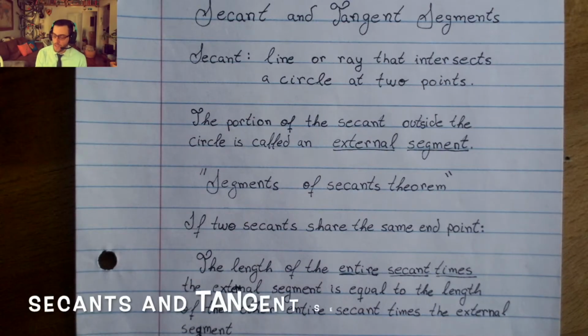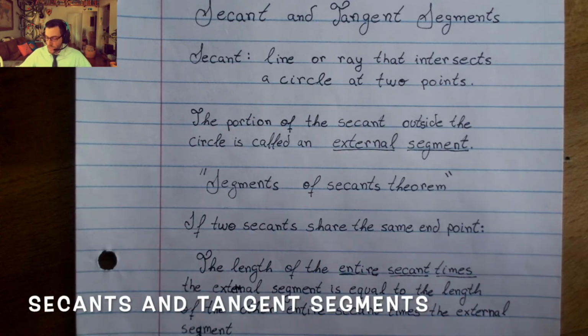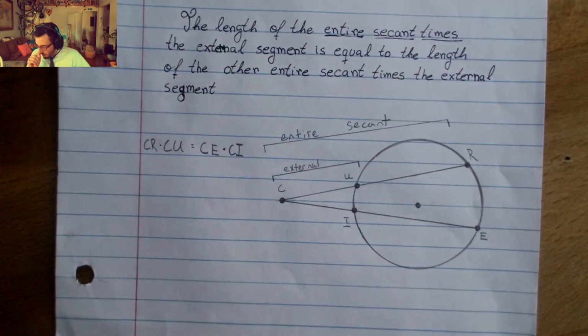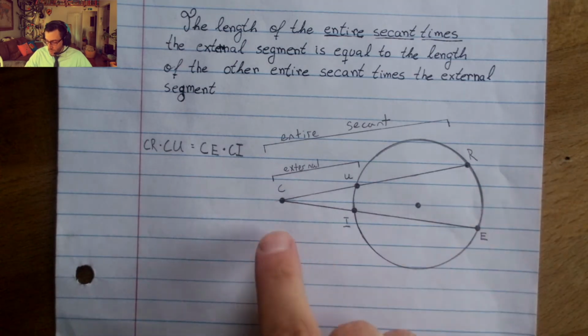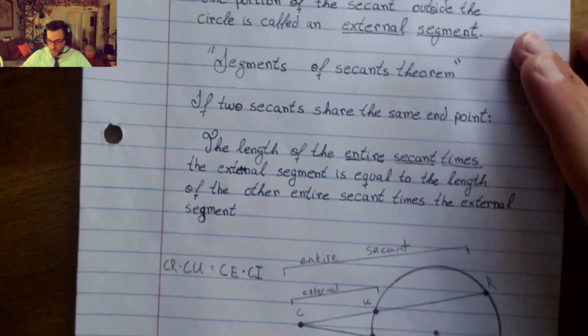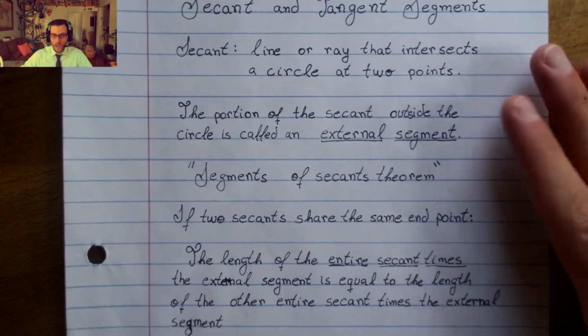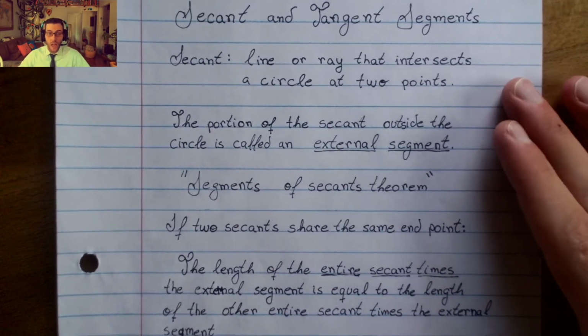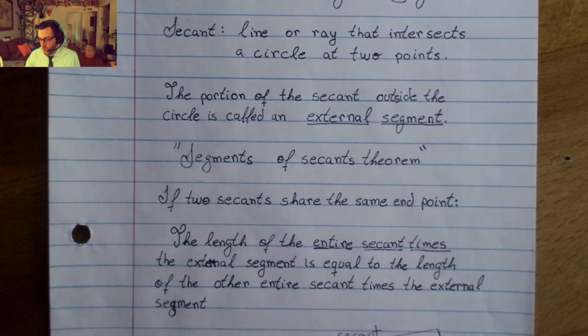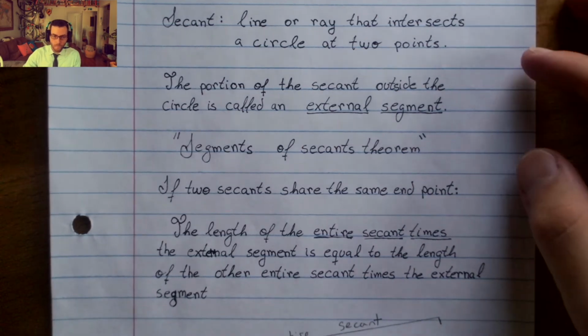In this section, we're looking at secant and tangent segments. In our diagram down here on the bottom, we're going to be looking at two secants intersecting a circle. If you remember from our definition, a secant is a line or ray that intersects a circle at two separate points, entering and then either exiting and carrying on, or just stopping.